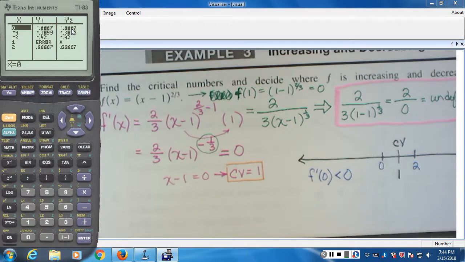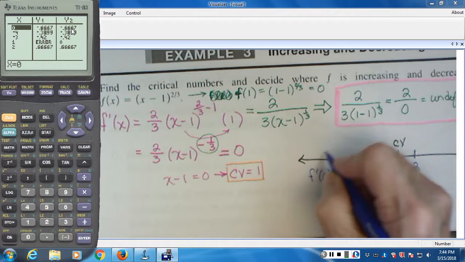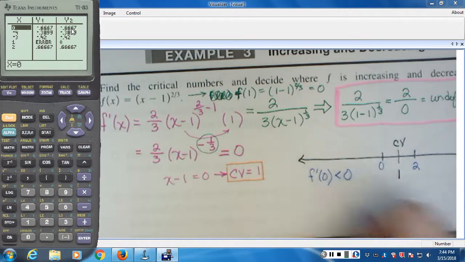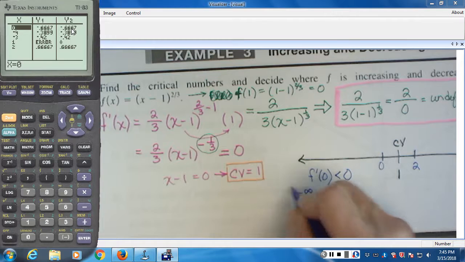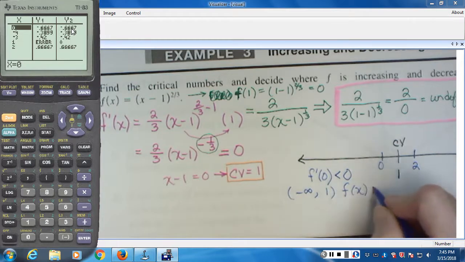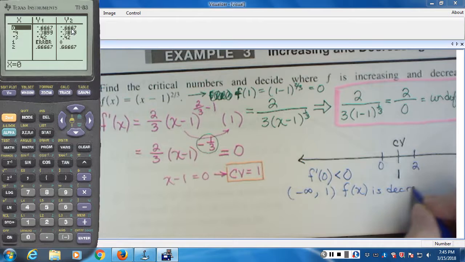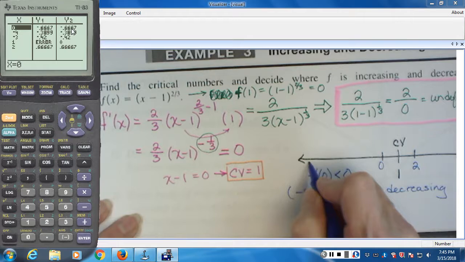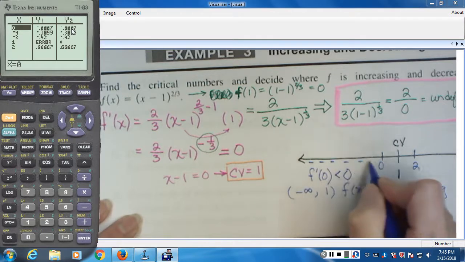That means on this side, on this interval from -infinity to +1, f of x is decreasing. Its derivative is negative. Okay?